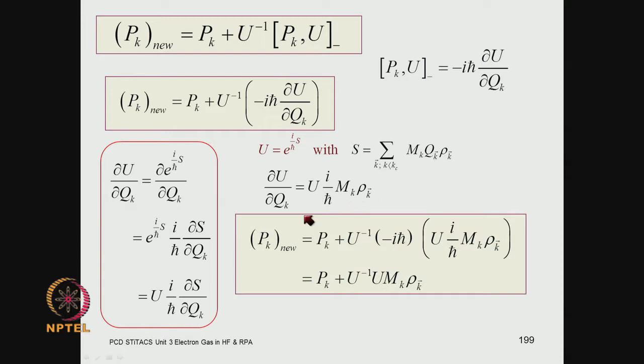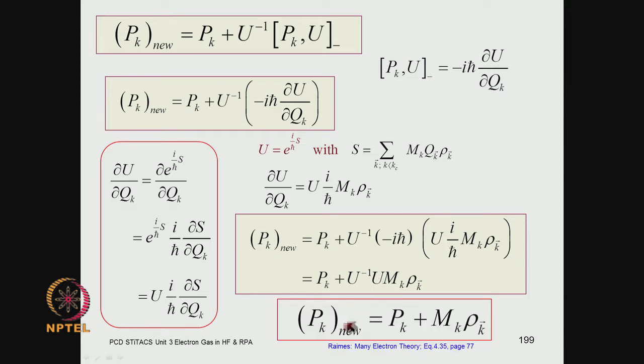And now the new momentum operator is P_k plus U inverse, which is coming from here, minus ħ coming from here, and then you have the ∂U/∂Q_k, which is this term over here. If you now take care of the 1 over ħ cancels this, you have got a minus i squared, which is plus 1. So you get P_k plus U inverse U, which is a unit operator. So this is the new result for the momentum operator.